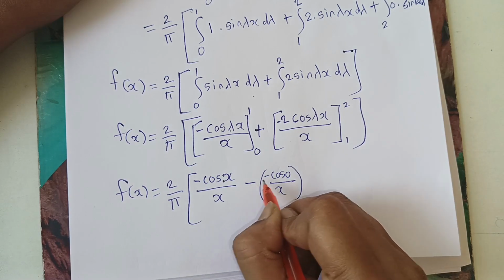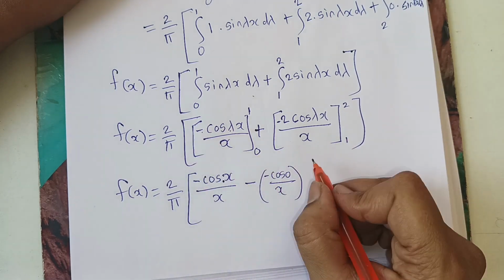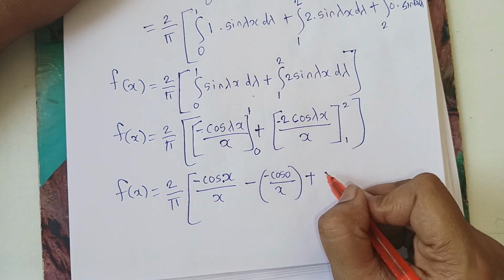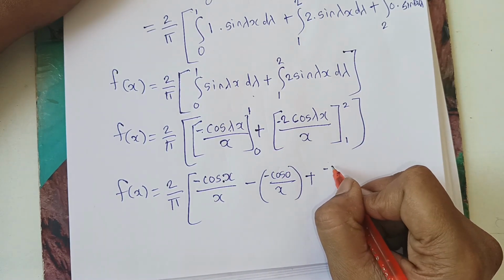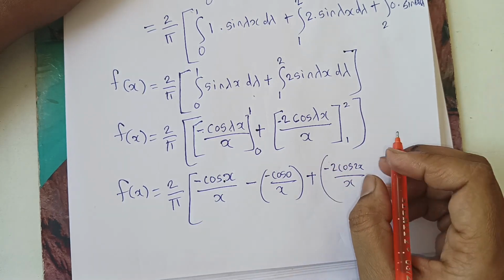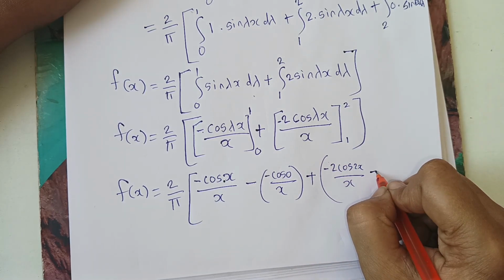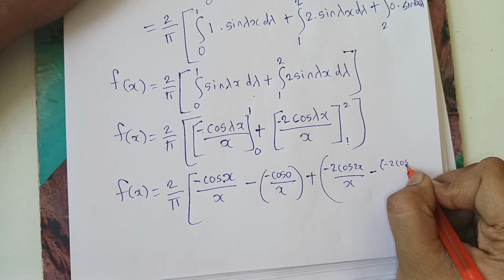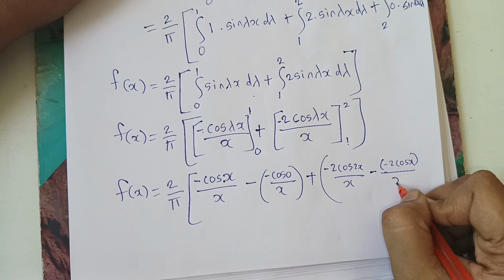This minus is for the lower limit and this minus is for the function. Plus, upper limit is 2, so minus 2 cos 2x divided by x, minus lower limit 1, so minus 2 cos x divided by x.